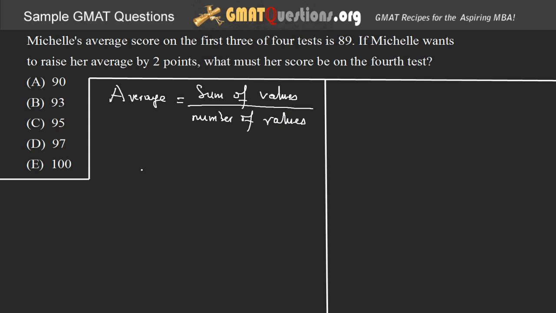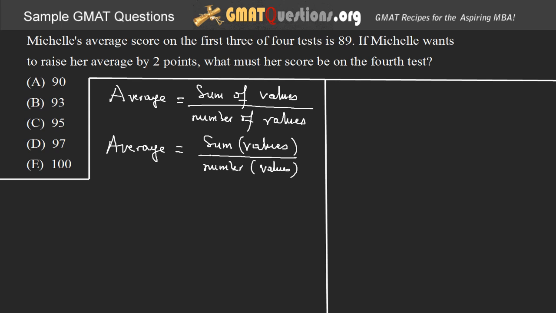But what is important here is to rewrite this. First, I'm going to simplify this and abbreviate: sum of values divided by number of values.